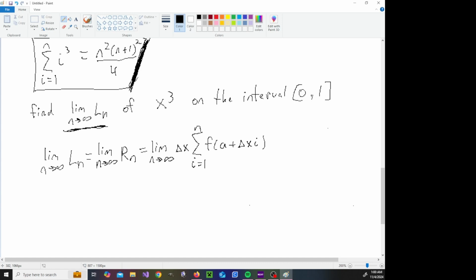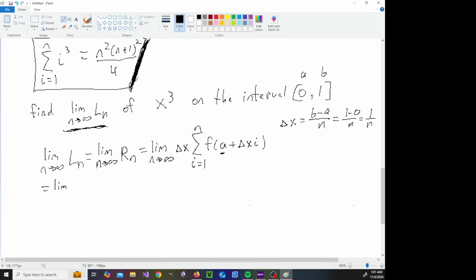But delta x is just b minus a over n, which means we can simplify what this evaluates to, because 1 is b, 0 is a, so really this is 1 minus 0 over n. Well, that's just 1 over n. Again, a is 0, so I can also replace a.